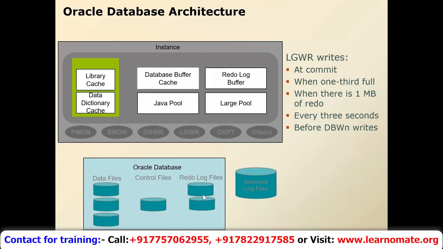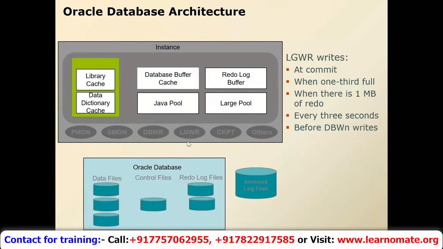These redo logs are limited in size. Say for example, you define a 25 MB redo log file and there are 6 redo log files which you define at the database level. In that case, a total of 150 MB of redo will be there. As soon as your 150 MB of redo is full, the first redo log file will be flushed out, and if your database is in archive log mode, the archive will be generated for it.